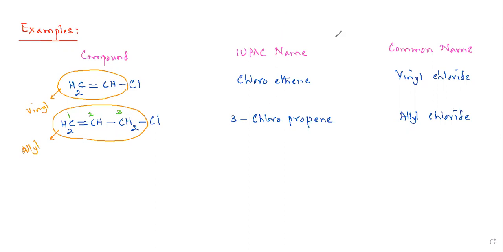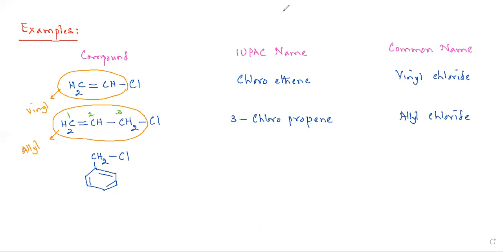Okay, let us take this. See, these are the things we get too often when we discuss the halogen compounds topic. So it is very important to know the names of these compounds.